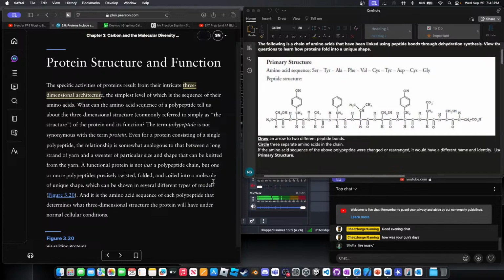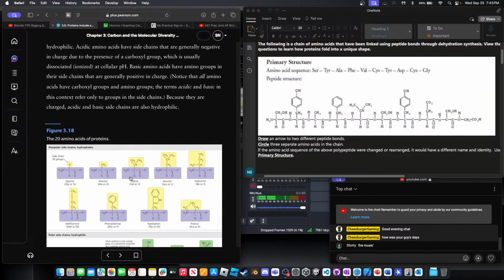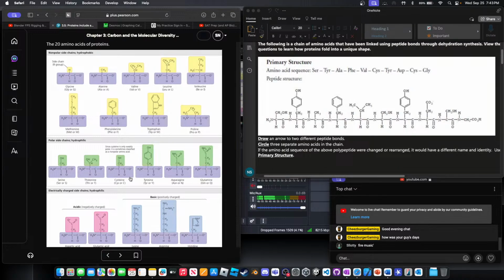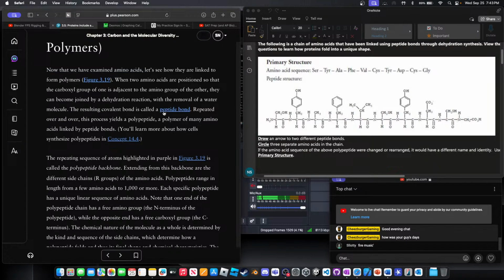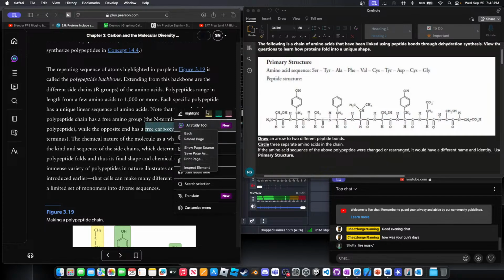A protein consists of one or more polypeptides precisely twisted, folded, and coiled into a molecule of unique shape, which can be shown in different ways of models. Figure 3.20. Or I think I'm actually a little bit far off. Here, this is where I was last time. Here, the N-terminus, which is one end of the polypeptide chain, and the C-terminus, which is the other end, and it has a free carboxyl group. Cool.